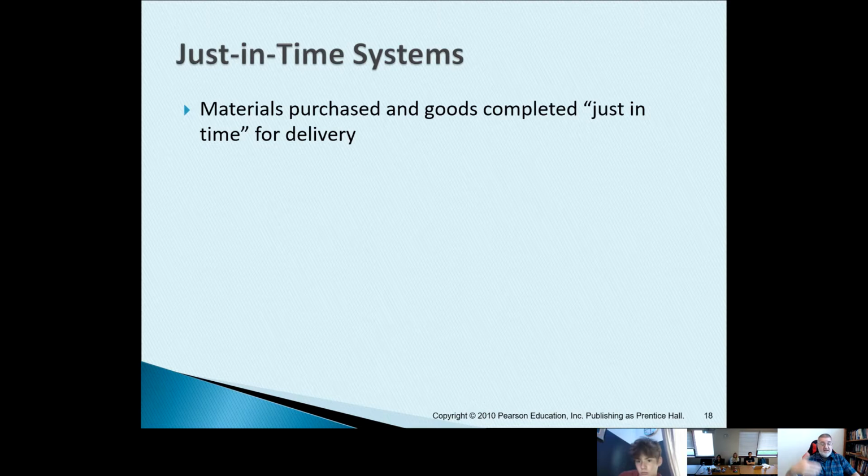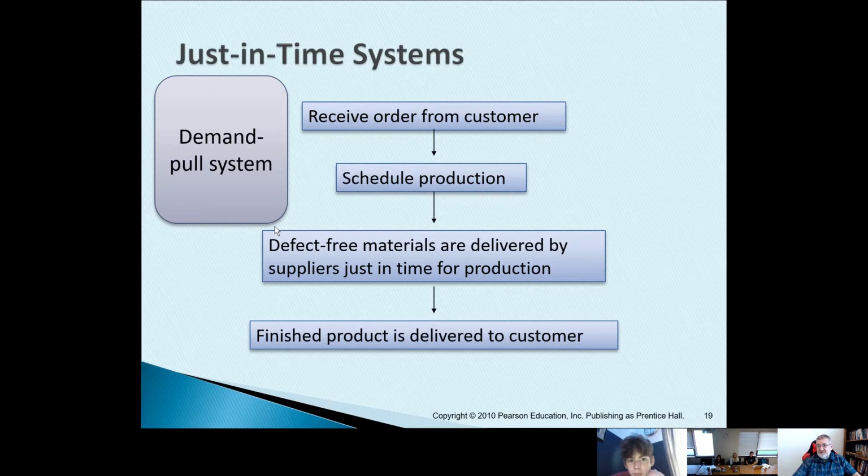Does that make sense? Okay. We're getting the material and putting it into production, and we're timing that so that it's coming out of production just in time to meet our customers' needs. Okay, so a just-in-time demand system.